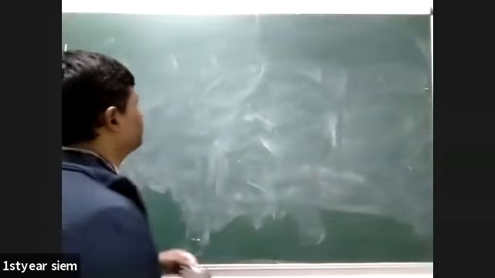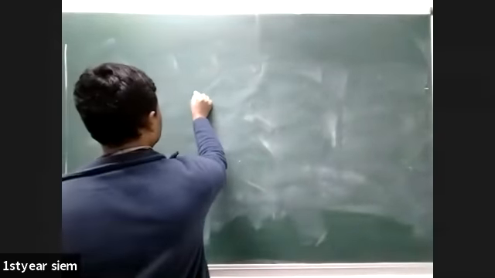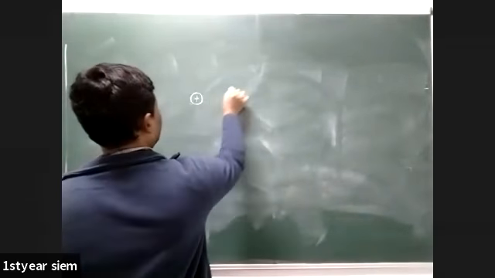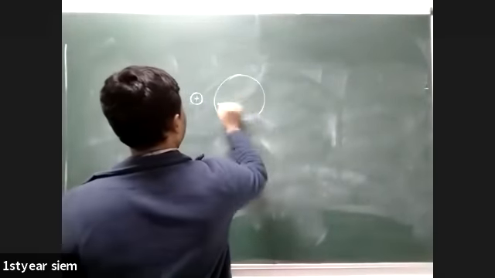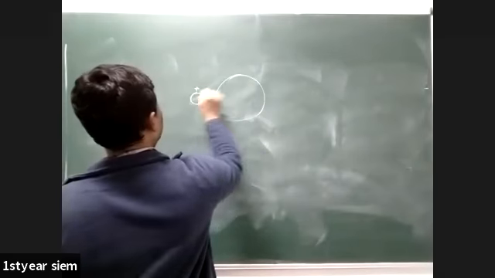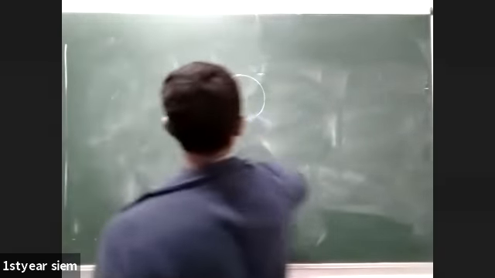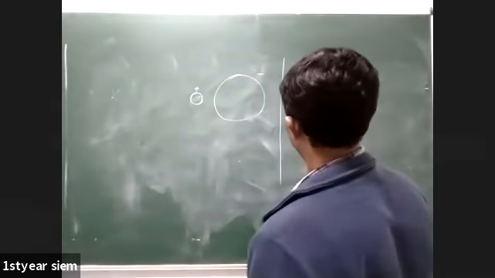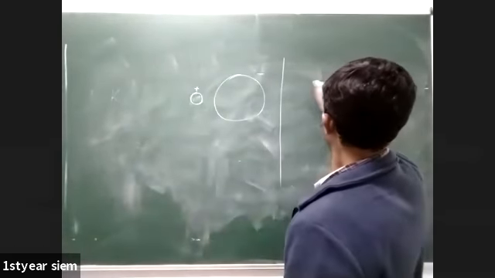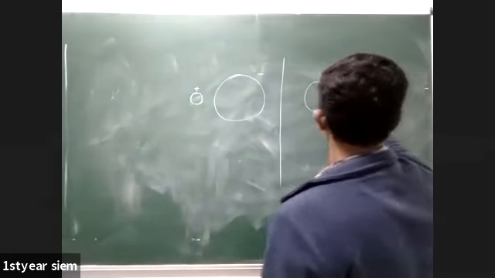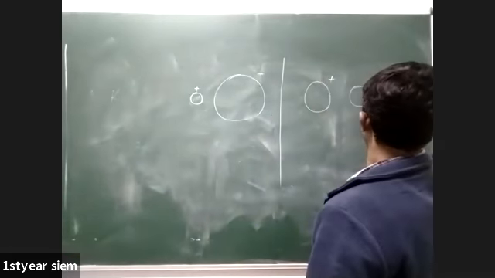For high polarizability, small cation and large anion. For low polarizability, large cation, small anion.